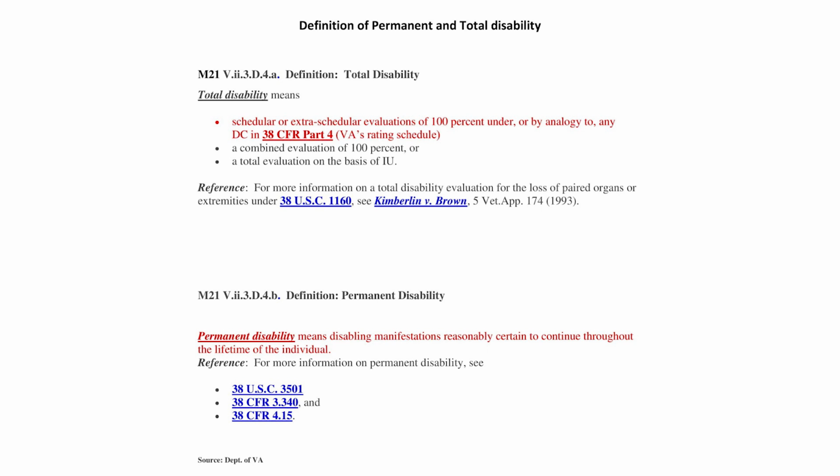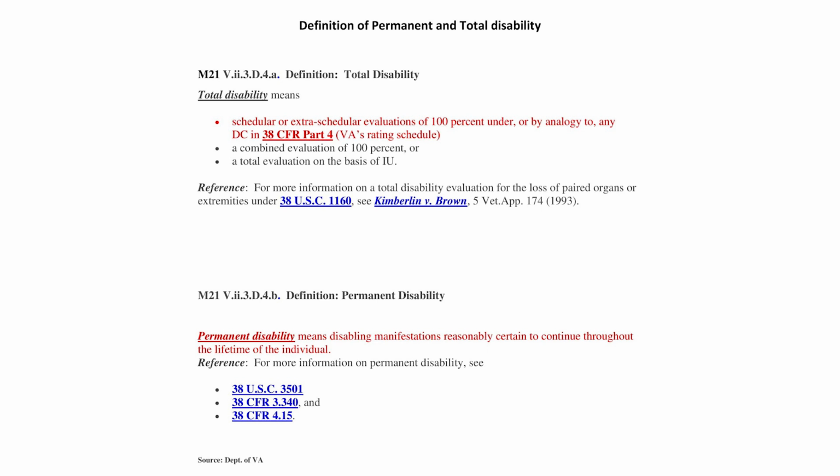Now it also states analogy. Okay, so what does that mean? What that means is if you are given a diagnosis on a C&P exam that's not in the rating schedule, which is in 38 CFR Part 4, then they're going to analogize it to something close. So, for example, let's just take lumbar strain or cervical strain. If it's something dealing with the back or neck, it is not necessarily a lumbar strain or a cervical strain, the diagnostic code for those two conditions is 5237.